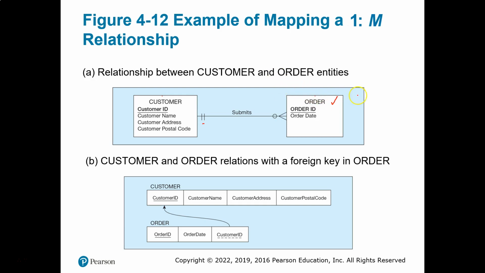Order could be defined as a weak entity type if you want to think about it that deeply. If the right side of this relation can't exist without the left side, this becomes a weak entity. Now, this is a silly example, but I'll make it. If this is students and courses, can courses exist without students?